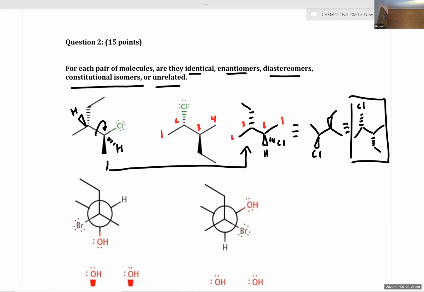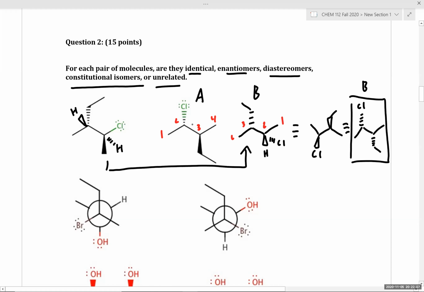Okay, so now that we have our structure established, my question to you: if we compare our structures A and B, do they have the same stereochemistry at each center? Do we see dashes and wedges at the identical spots in this molecule? They're different, right?